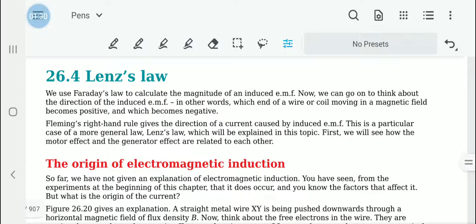So we need a specific law. That is the purpose of Lenz's law, because you can actually find the direction of the current using what we discussed earlier. But then why do we need Lenz's law? You might ask that question. The reason why it is needed is what we are going to figure out in this video.